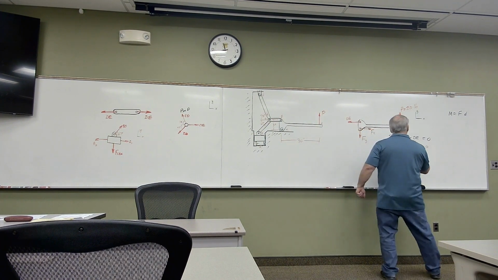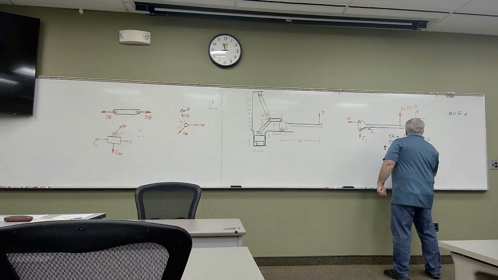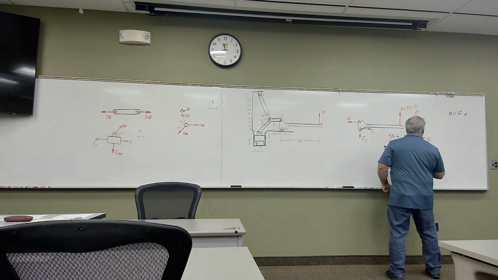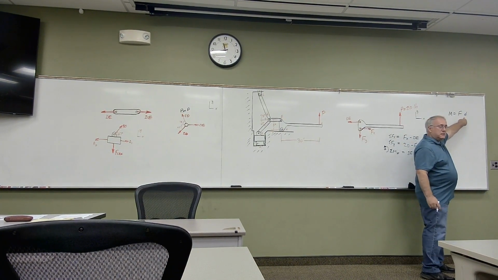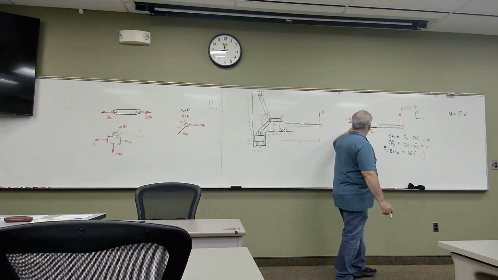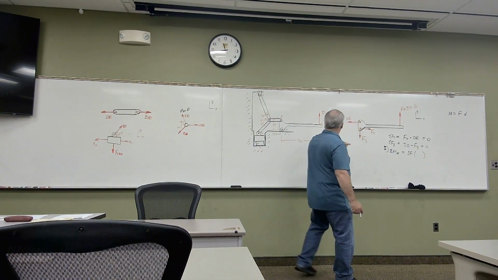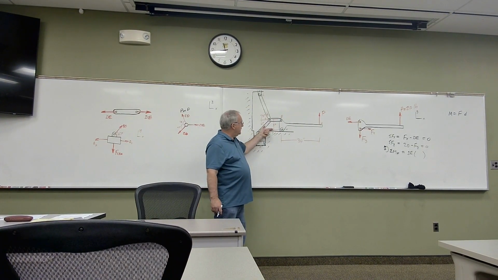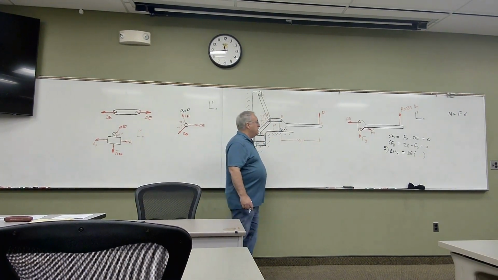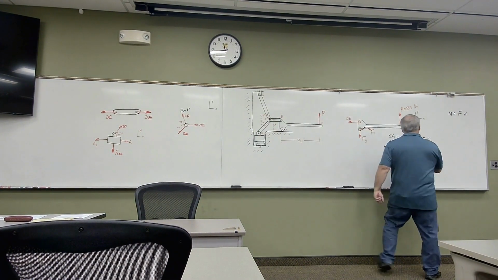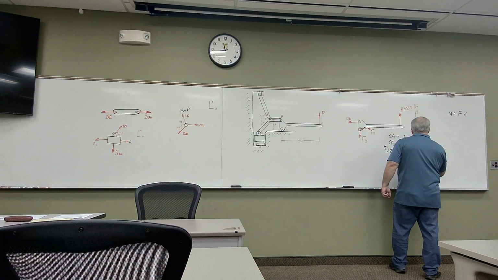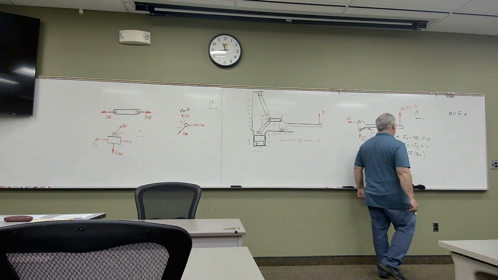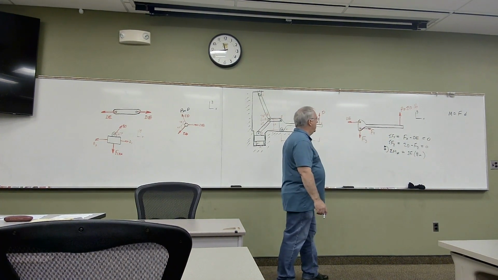So I'm going to have DE, my force, times the distance between here and the line of action, which, if we go way back over here, we ignored from the beginning, is 8 inches. So I'm going to have DE times 8 inches here. And that takes care of that one.